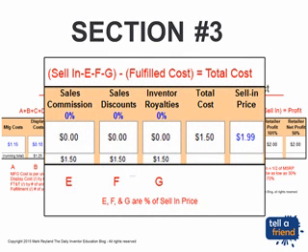Now we go to the center section of this equation. In the center section of this equation, we're talking about three things that are going to adjust our price even more: sales commissions, sales discounts, and inventor royalties. Now, if you look at the far end of this, that $1.99 sell-in price, that's the amount of money we're selling our product to the retailer for.